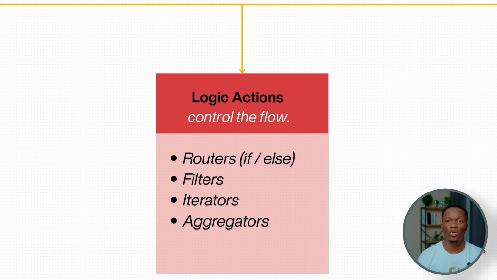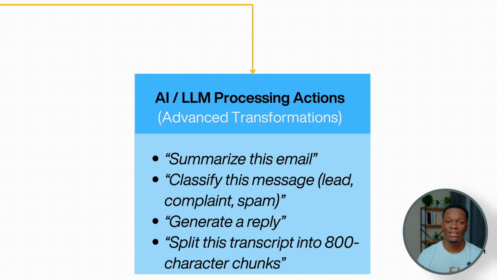Next up are logic actions. These are very important in automation. So this is where we talk about routers, filters, iterators, and aggregators. And finally, the last type of actions are what I call AI or large language model processing actions.